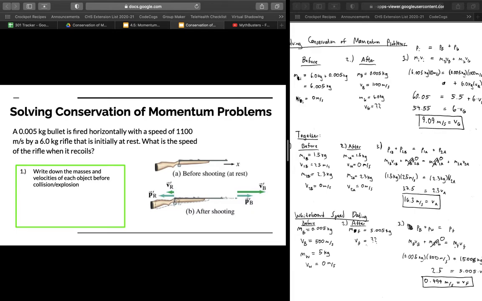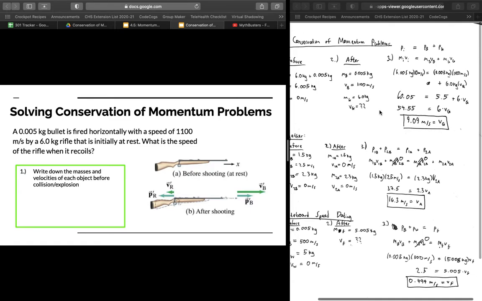And the initial velocity is 0 meters per second because both the gun and the bullet are at rest. So now afterwards, the gun and the bullet are going to separate. The bullet's going to have a mass of 0.005 kilograms, and the velocity of the bullet is going to be 1100 meters per second. Now the mass of the gun is 6 kilograms, and the velocity of the gun is what we're interested in finding here, okay?